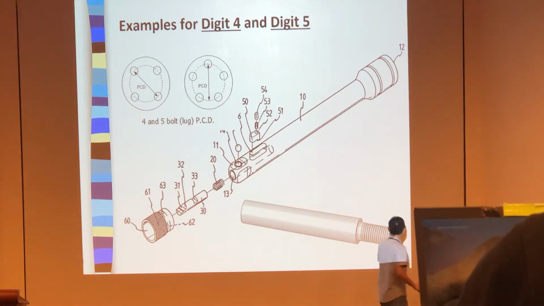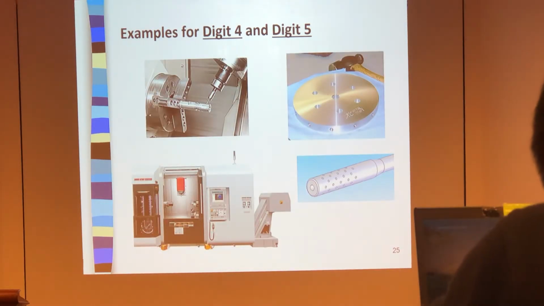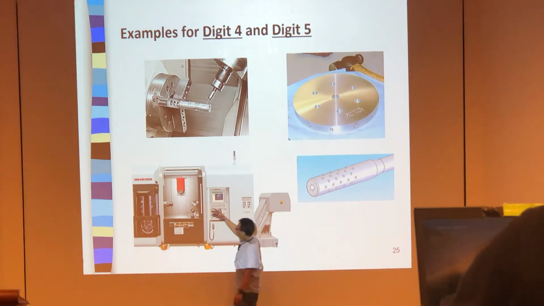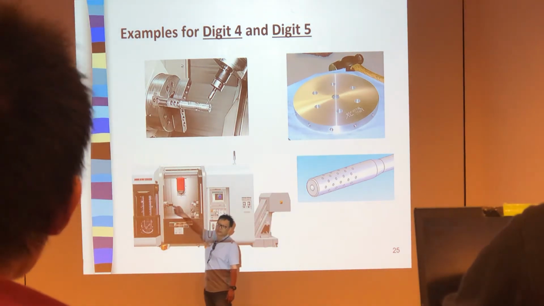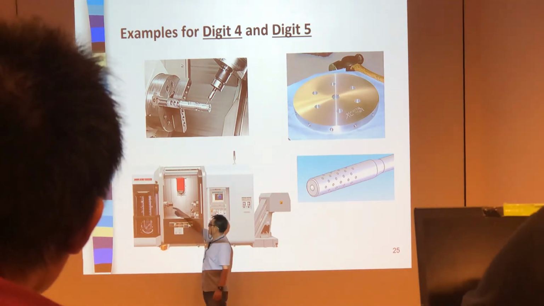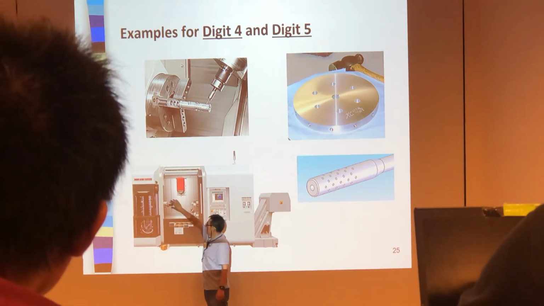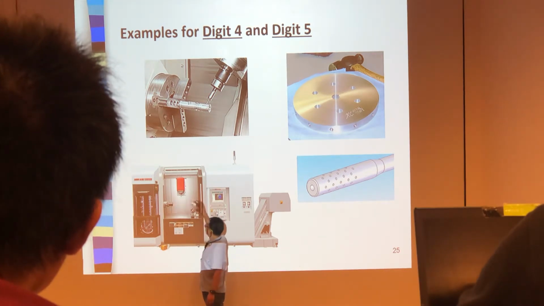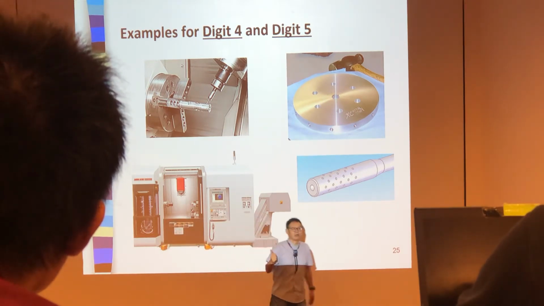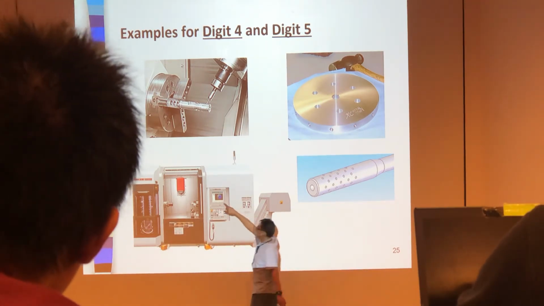And normally to produce this, you need to use this kind of machine. Basically it's a lathe, a turning center nowadays. This is the main spindle here, the tailstock, and there is a milling head. We call this the mill-turn machine.